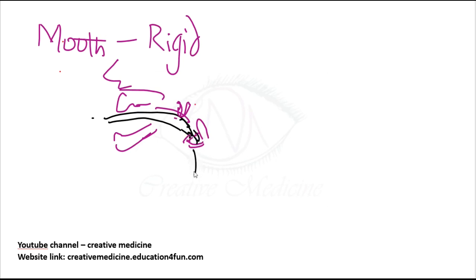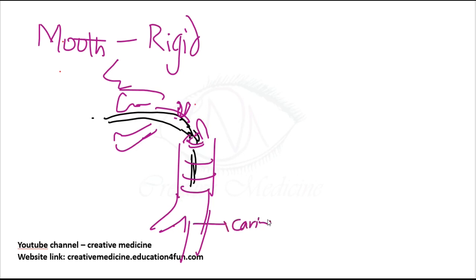As you go down, on the sides you will have tracheal rings. All these tracheal rings are visible through the rigid bronchoscopy, and then you will see the bifurcation of the trachea, which is called the carina. The carina is visible along with the segmental bronchi.